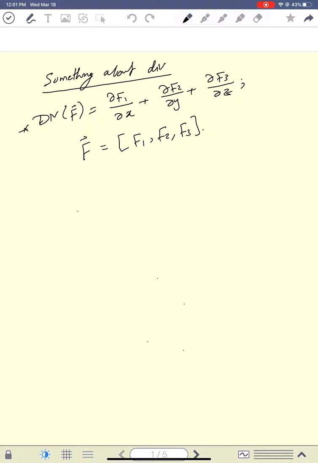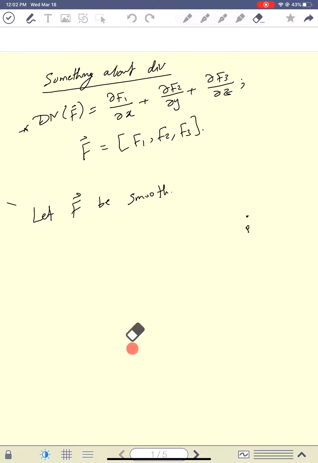Imagine you have a smooth function. We always deal with smooth functions. You have a point. Let's say this is my point P. I want somehow to explain the meaning of the divergence in terms of surface integrals.